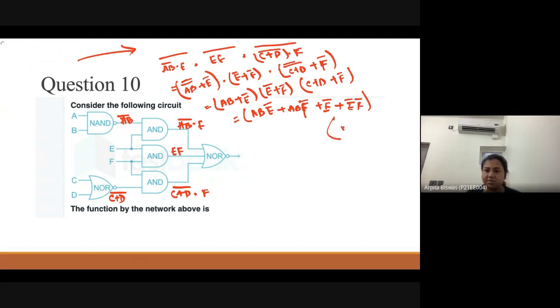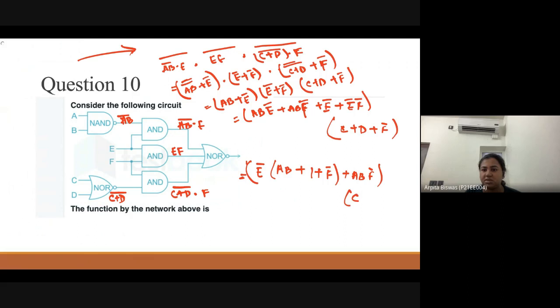And here C into D plus F bar is present. So just take common of this E bar. So what we'll get: 1 plus ABF bar. And here 1, here F bar is coming plus ABF bar.